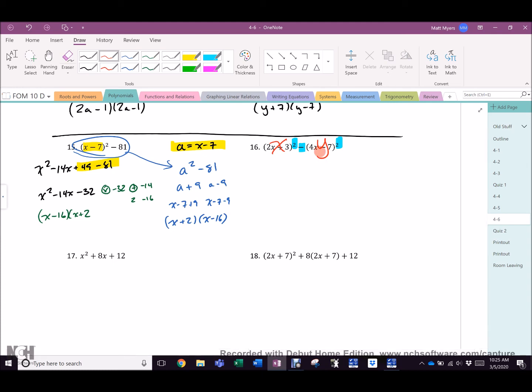Everybody cool? Then I have x squared minus y squared, which means my answer is x plus y times x minus y, correct? What's x?